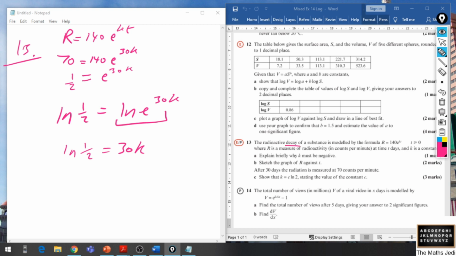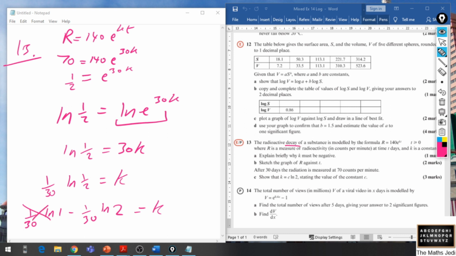To isolate k, we need to divide by 30. So it's 1/30th of log a half equals k. I went through this in the previous video, that log a half is the same thing as this. So it's 1/30 log 1 minus 1/30th of log 2, and that's going to be k. Log of 1 is 0, so this bit goes away.